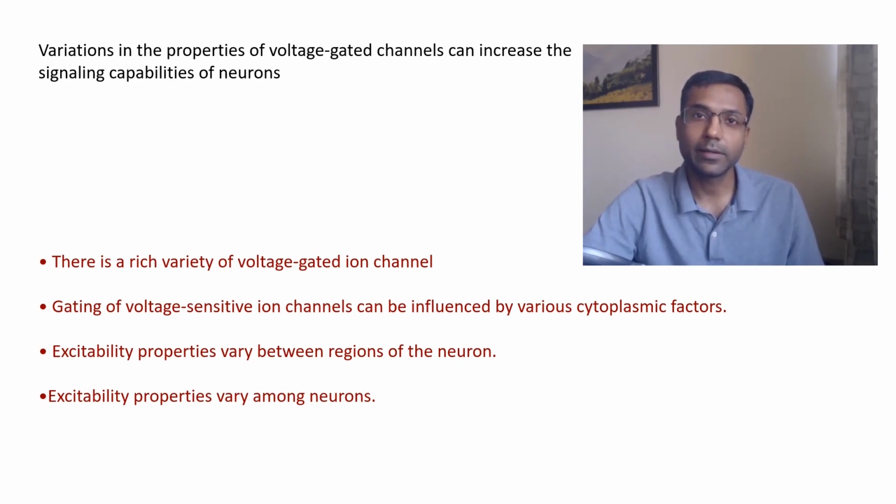And that might result in some differences among the neurons. For example, some neurons may have smaller spikes while some may have large amplitude spikes. Some neurons may respond with few action potentials while some may tend to have huge bursts of action potentials. So this variety of channels can result in variety of responses. So we just have to be aware that in real brains there is quite a bit of variety that comes from the variety among the channels.